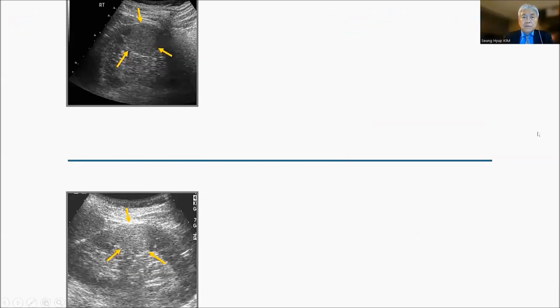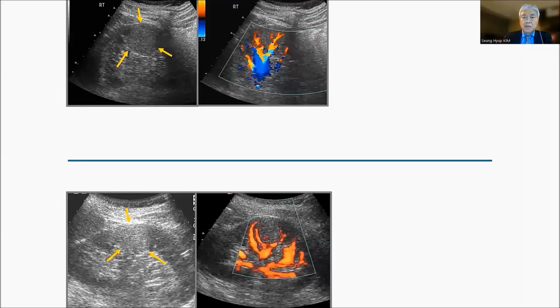Here are two different patients with similar masses with similar size and echo. One is true renal cell carcinoma, and the other is prominent column of Bertin. Can you tell which one is which with these grayscale images? Probably not, but if you turn on color or power Doppler ultrasound, then it is clear which one is which.